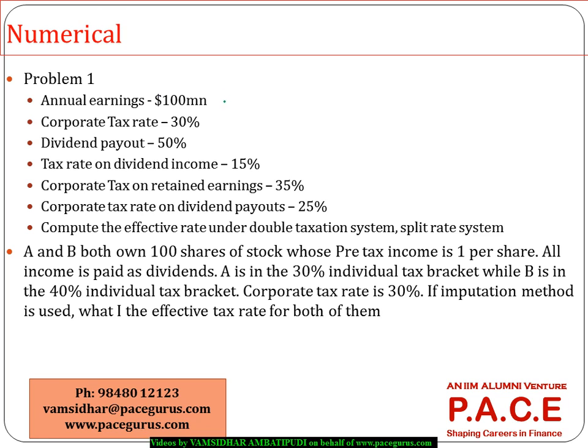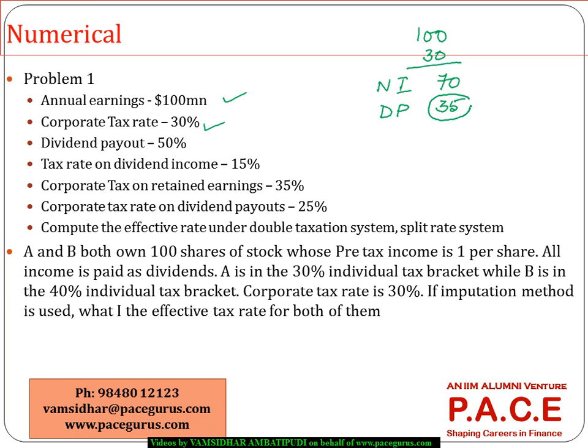Let's say the annual earnings of the company are 100 million and the corporate tax rate is 30%. So the net income, which is the pre-tax income after the corporate tax, is 70 million. Let's assume that the dividend payout is 50%. So the dividend payout is 35 million out of this.